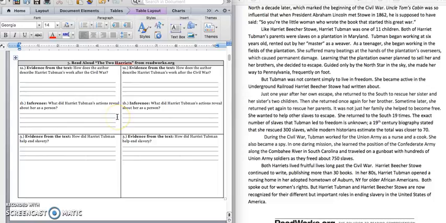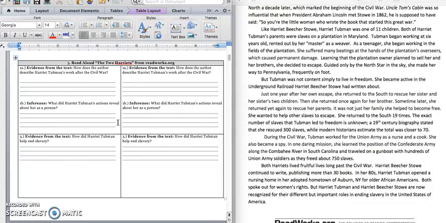It says, what do Harriet Tubman's actions reveal about her as a person? And so if Harriet Tubman escaped from slavery and she went back into the South to rescue several more slaves and guide them to freedom, we would say that she is a brave person, but she's also compassionate.